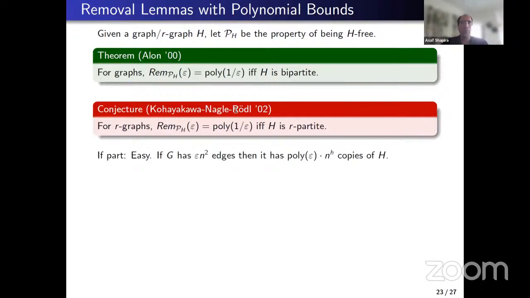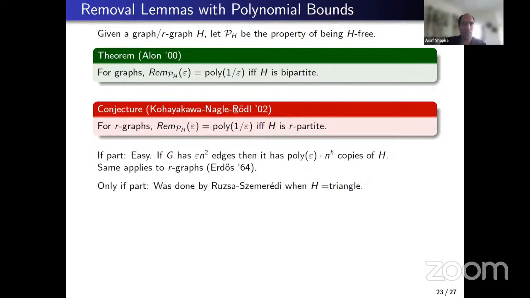I should point out that the if part is easy, because if a graph has epsilon n squared edges, and H is bipartite, then it's easy to see that it has poly(epsilon) times n to the h copies of H, where little h is the size of H. The same holds for r-graphs using a theorem of Erdős from the 60s.